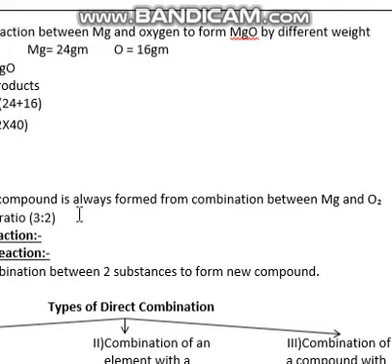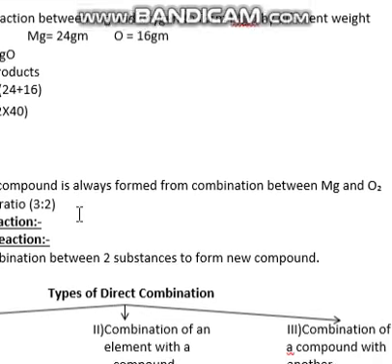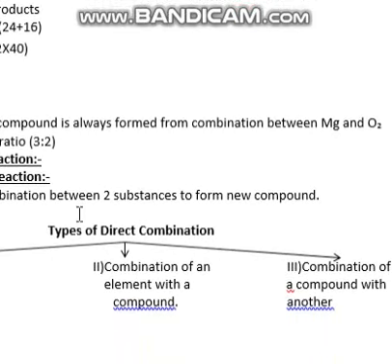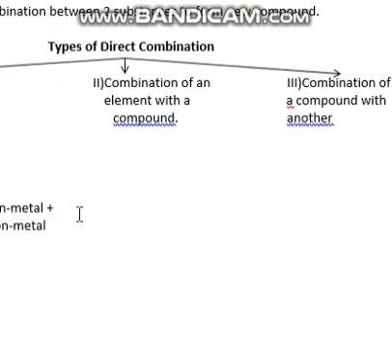You have reactant mass 2 times 24 plus 16 times 2 equal 48 plus 32. The ratio between 48 and 32 is 3 to 2. So the magnesium oxide compound is always formed from the combination of magnesium and oxygen with a constant weight ratio 3 to 2. You understand these two laws?